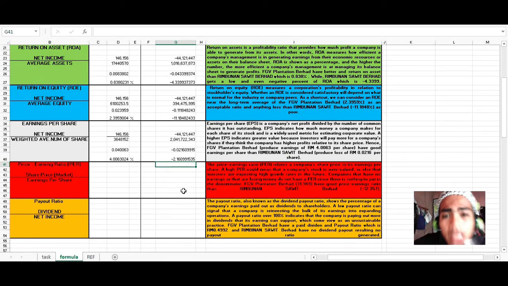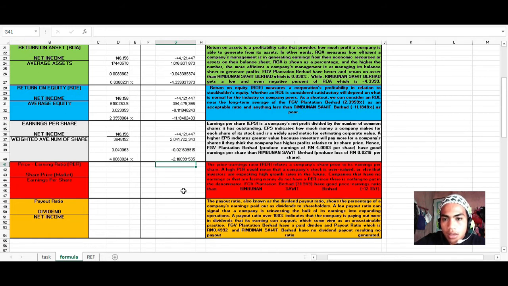So earning per share, EPS, is a company's net profit divided by the number of common shares outstanding. EPS indicates how much money a company makes for each share of its stock, and it's a widely used metric for estimating corporate value.